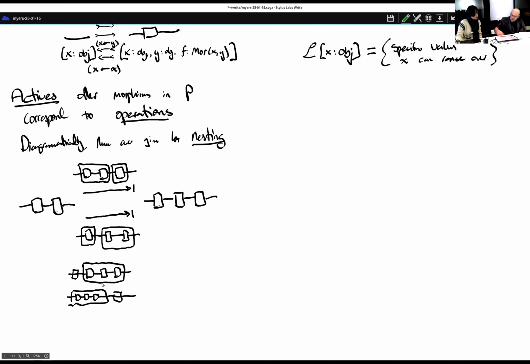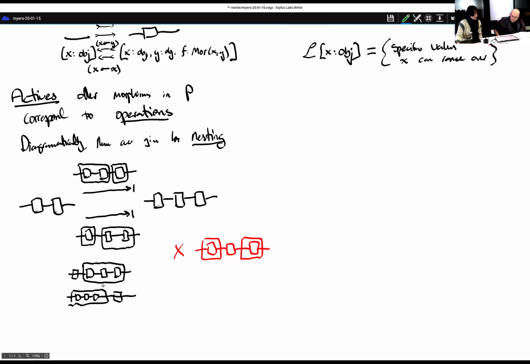So for example, no to this. Like this is not valid. It's not at the right height. You know, that middle one is not covered.